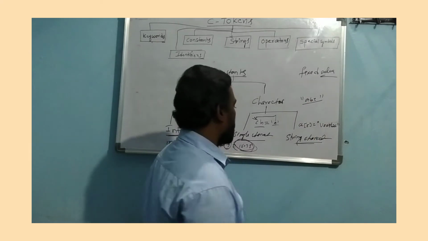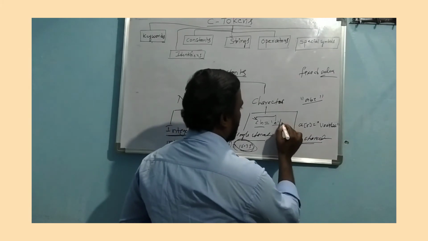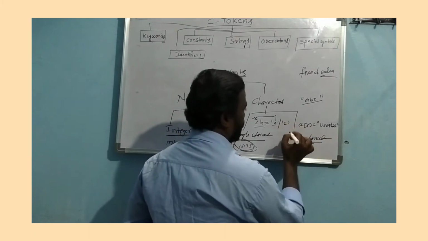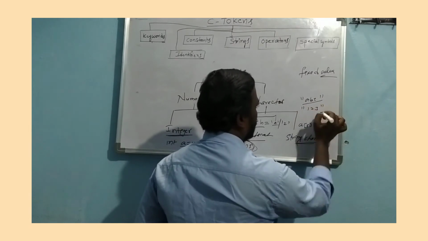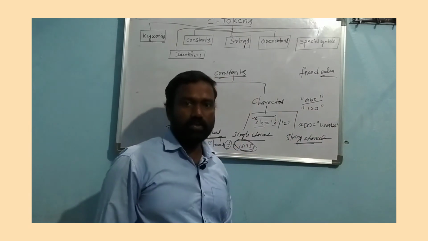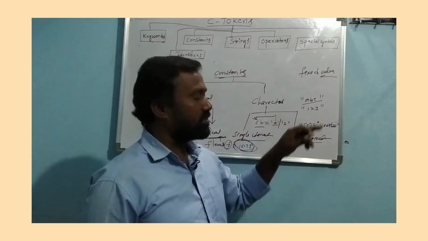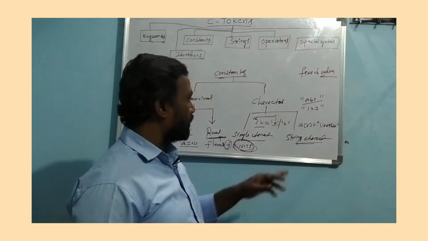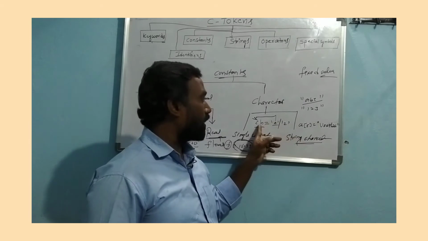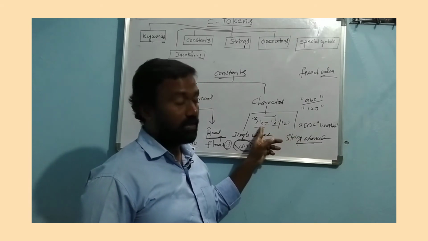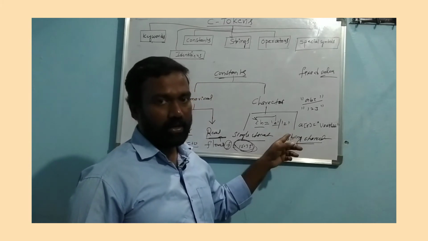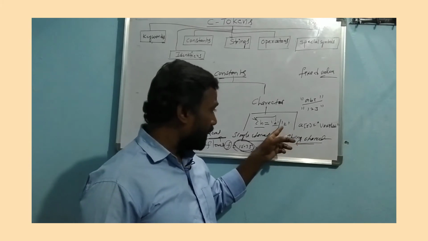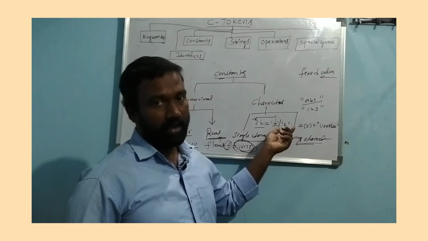One more important thing is, if you write like this, single quotation 2, and within the double quotation 1, 2, 3, assume that this is a number and this one is also a number. Those declared within the single quotation are considered as a character. This is the most important thing. If you declare a number within the single quotation, the compiler indicates that yes, it is a character.